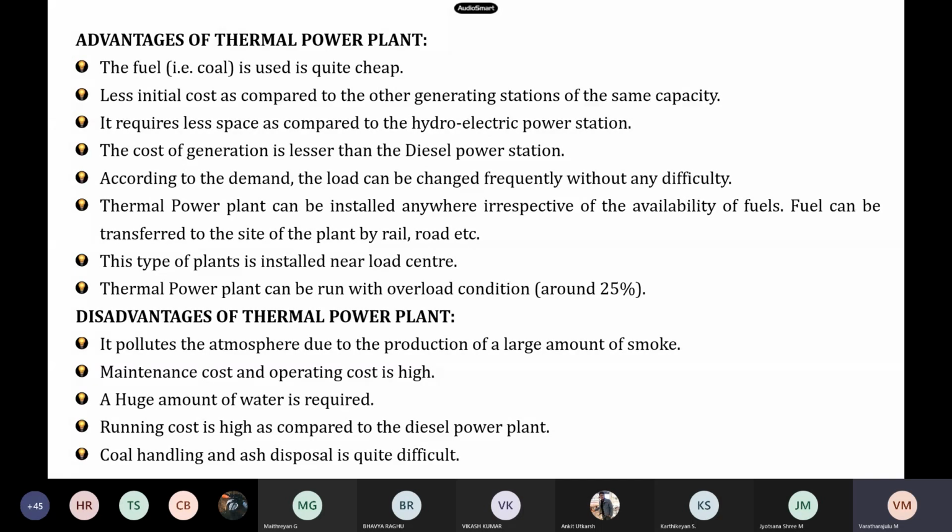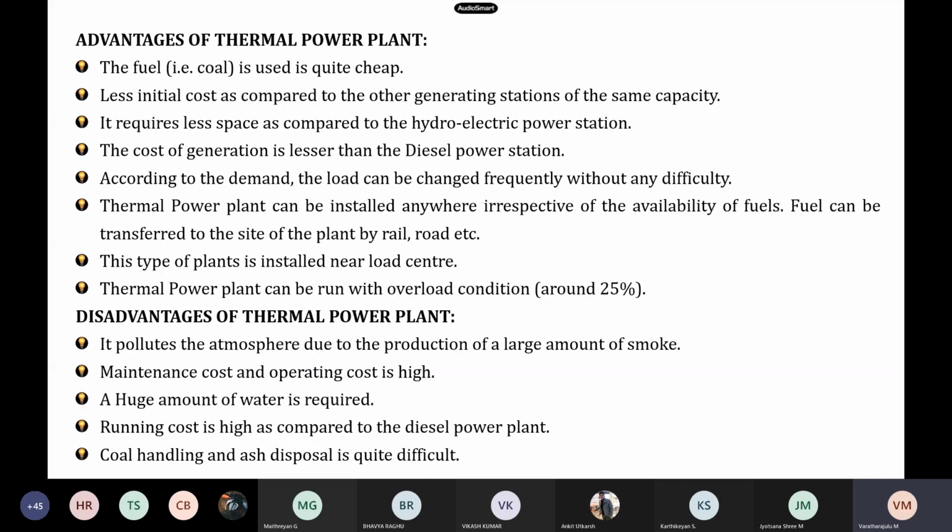In the hydroelectric power plant, nature's mercy is essential, and if we don't have it, then we don't have any raw material. But here the generation of power is not dependent on nature's mercy, and the construction, erection and commissioning of a thermal power plant requires less time than a hydroelectric power plant.